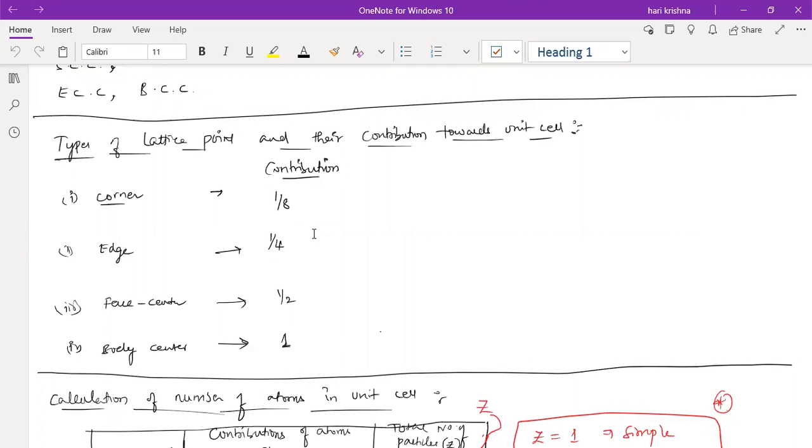In the body centered, the full atom will be inside the given unit cell. So the contribution is completely to that unit cell only. So it is 1. You have to remember this compulsorily because in the exam, they will ask the formulas of the compound. They'll give A and B and they'll tell octahedral voids, tetrahedral voids and all. You have to remember this contribution.